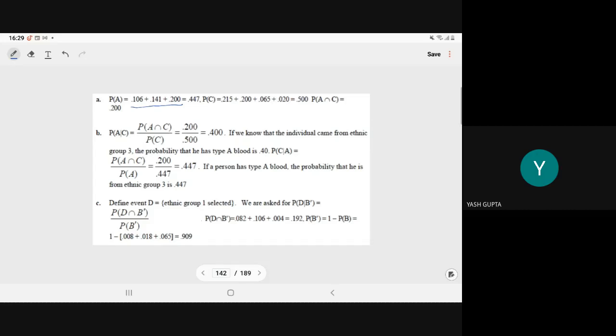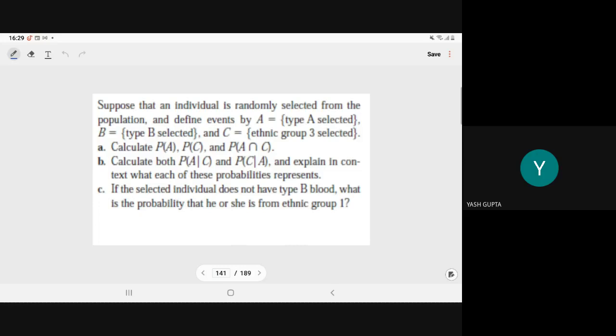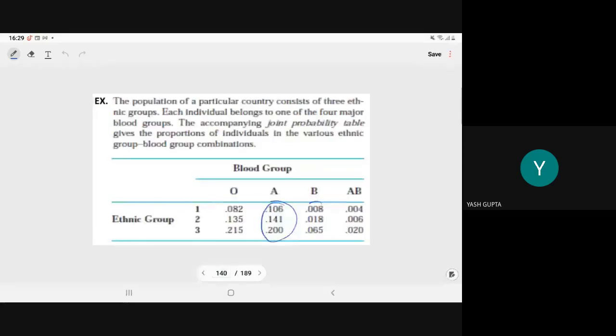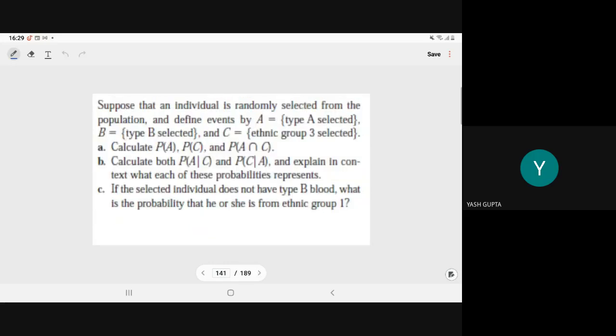Similarly, C we have defined as ethnic group 3 selected. For ethnic group 3 selected, we have to add the following proportions, whatever the blood group, all from ethnic group 3.